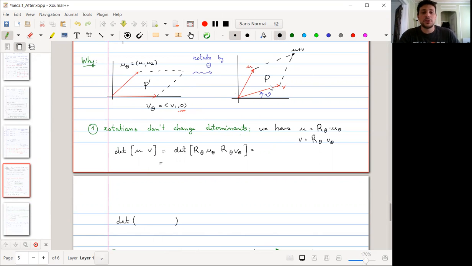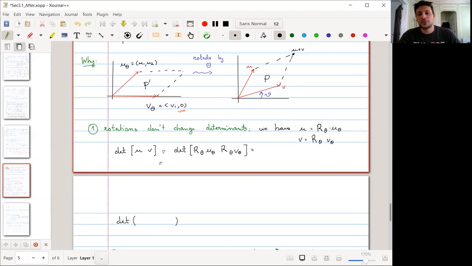Let's check about the determinants. So the determinant of the matrix whose columns are u and v, the original vectors that we started from, is the same as the determinant of R theta u theta and R theta v theta, because u is obtained from u theta by rotating by an angle, and v is obtained from v theta by rotating.